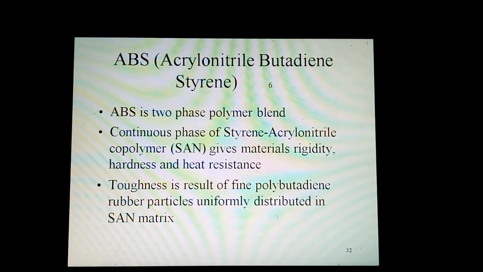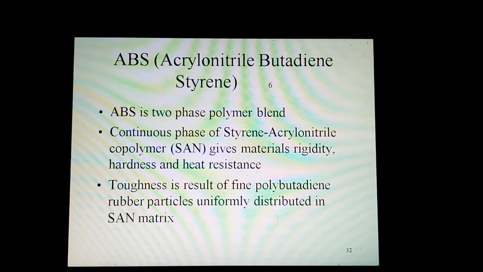ABS is a two-phase polymer blend. A continuous phase of styrene acrylonitrile copolymer gives the material rigidity, hardness, and heat resistance. The toughness of ABS is the result of submicroscopically fine polybutadiene rubber particles uniformly distributed in the matrix.